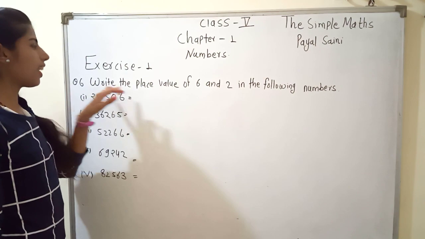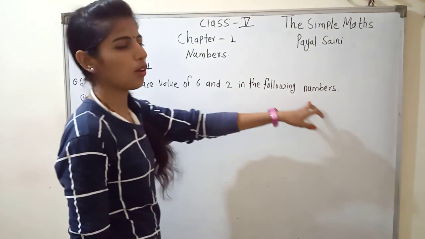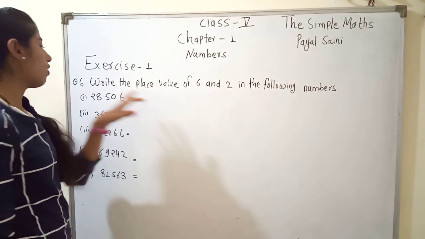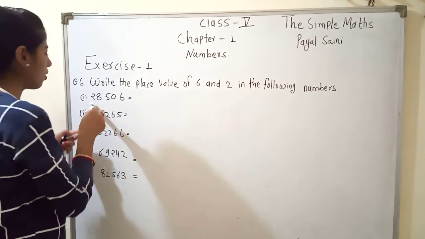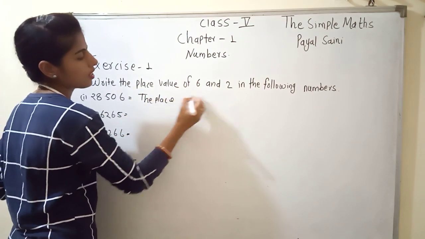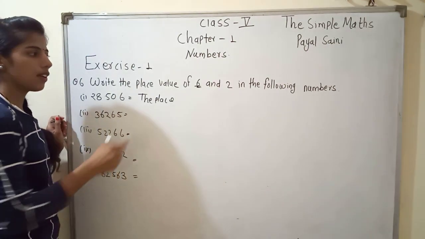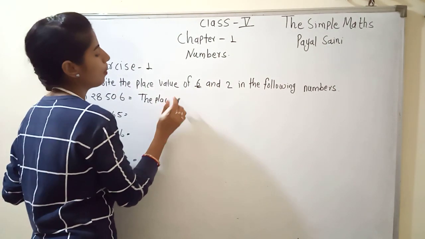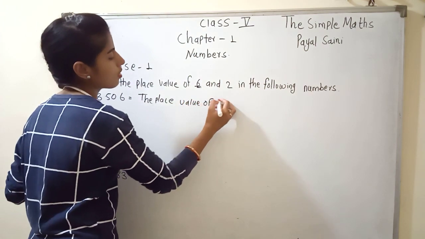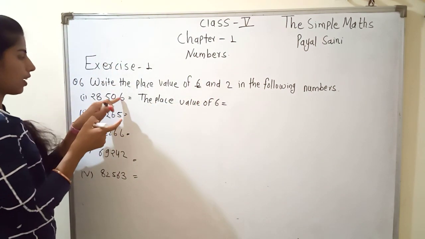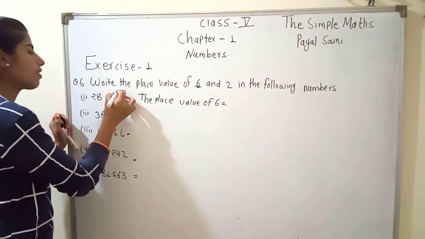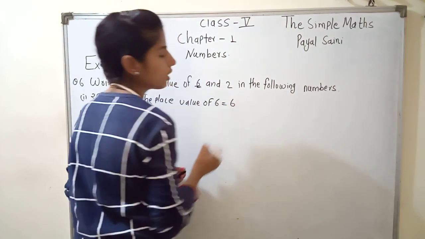Next, question number 6: write the place value of 6 and 2 in the following numbers. In all of these questions, we only find the place value of 6 and 2. In question number 1, first we find the place value of 6. We can see 6 is present in the ones place, so we write only 6.